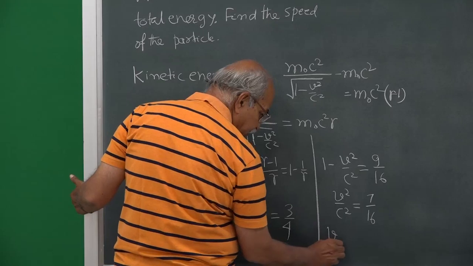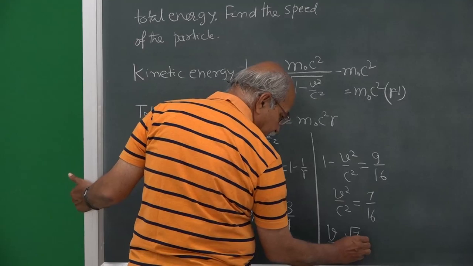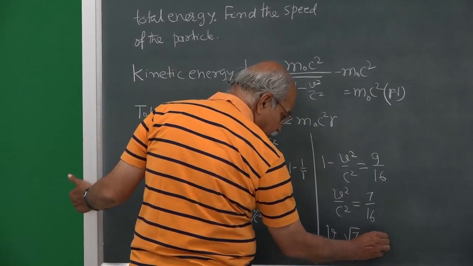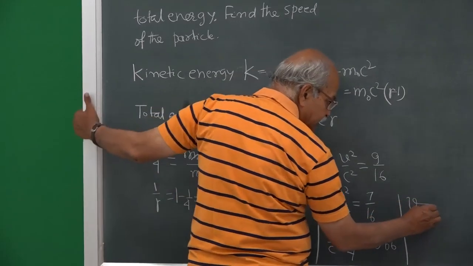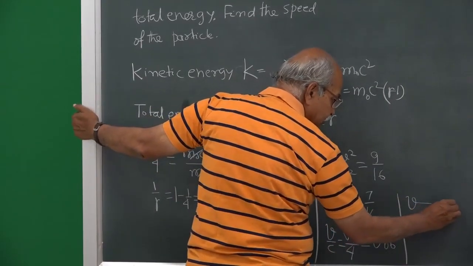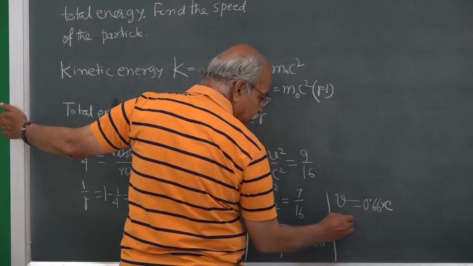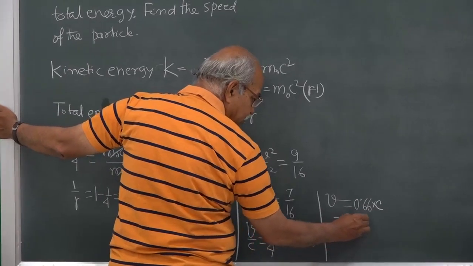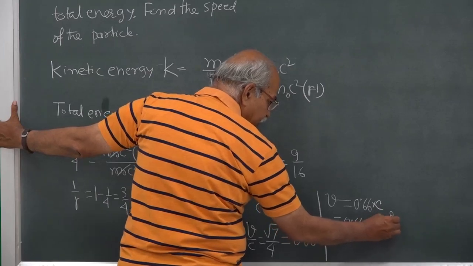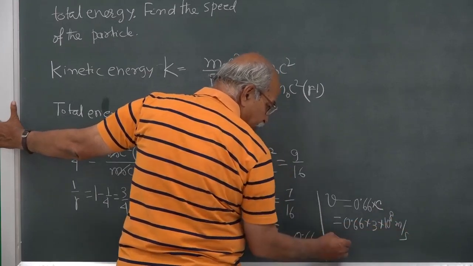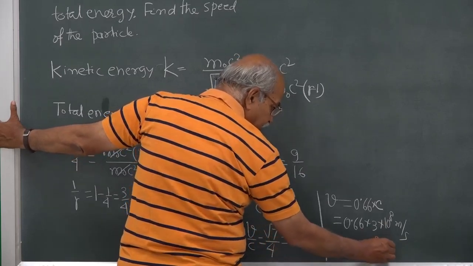So, v by c is square root of 7 divided by 4, around 0.66, and therefore v is 0.66 into c, that is 0.66 into 3 into 10 power 8 meter per second, which will be almost 2 into 10 power 8 meter per second.